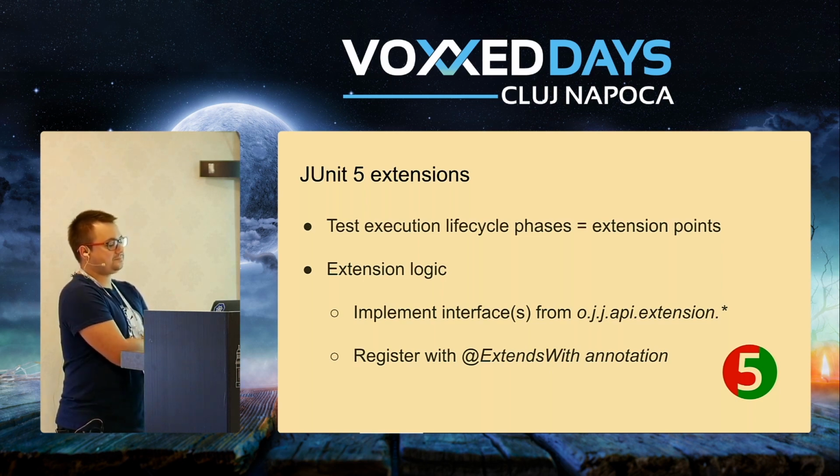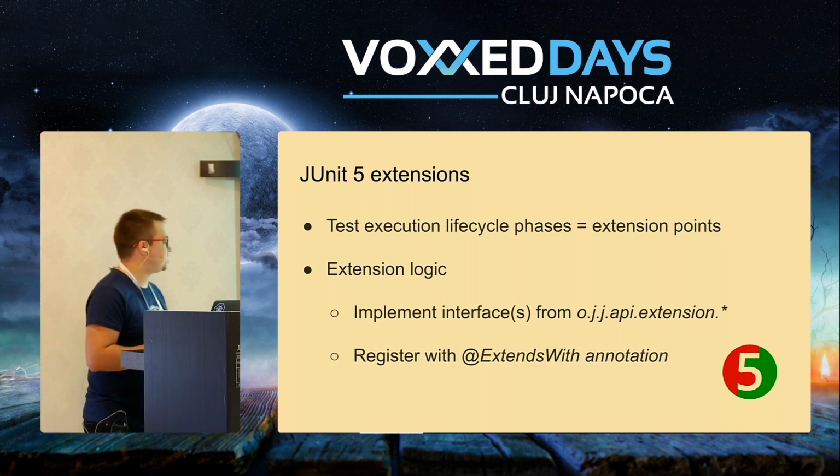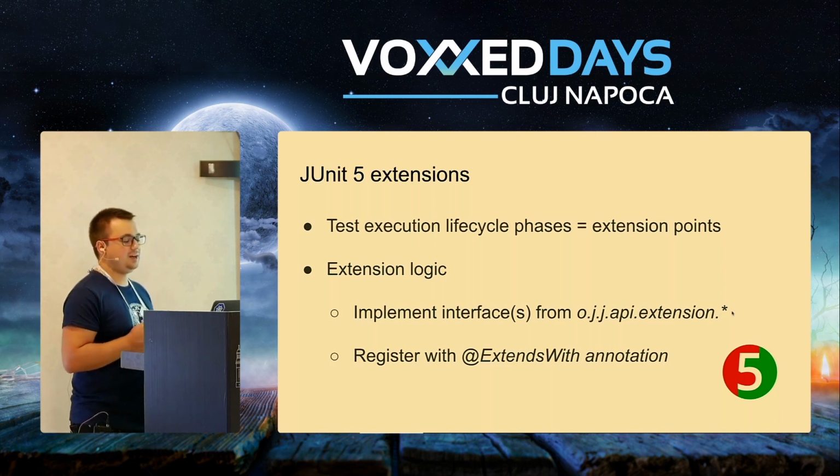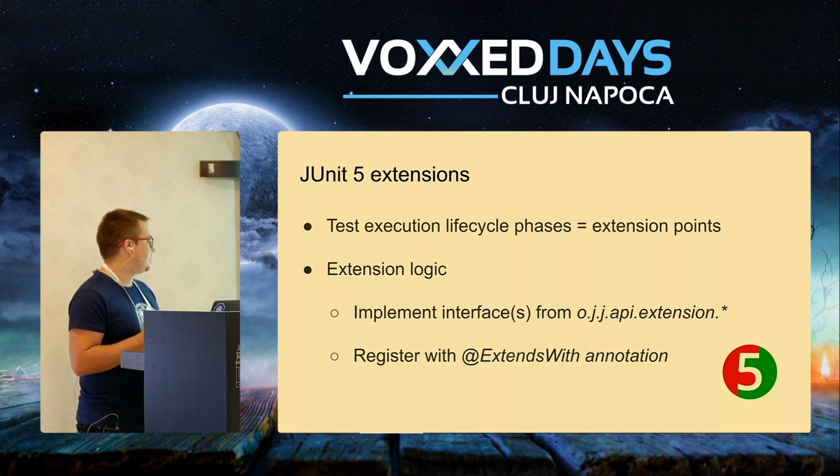In the JUnit 5 API extension package, there are a number of interfaces which you can implement, and there you write that kind of extension logic. Then you create an annotation, like the Testcontainers one we've seen, and you register that annotation with the ExtendWith annotation of JUnit 5.